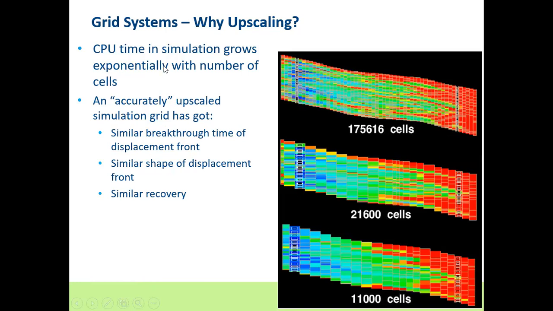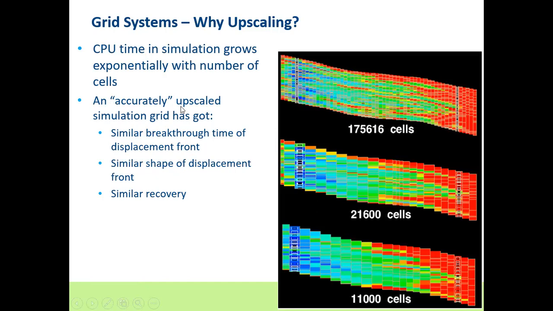With an increasing number of cells, the CPU time involved in running your simulation increases. Of course, with very powerful PCs, this is becoming less of a concern. However, if you are looking at a full field simulation, you will need to consider this.